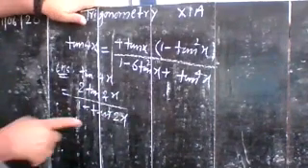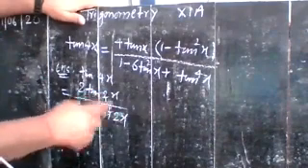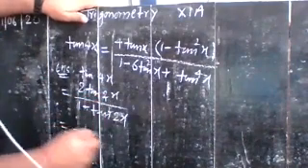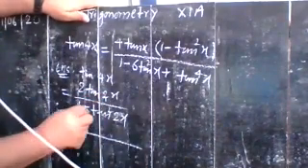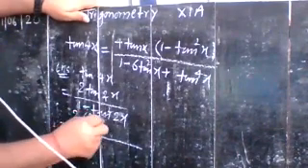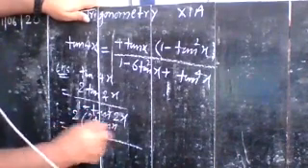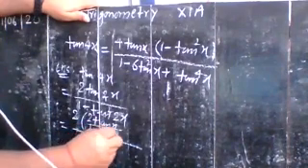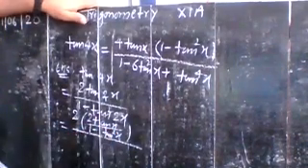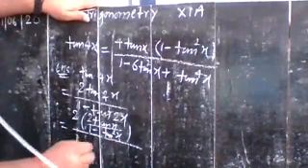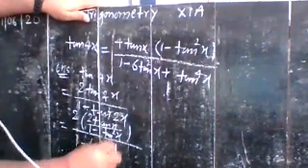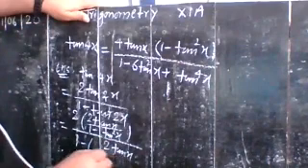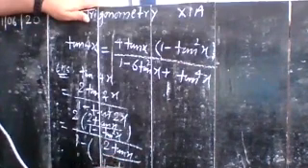Now again you apply the formula for tan 2x here. So 2 times 2 tan x upon 1 minus tan square x, upon 1 minus 2 tan x upon 1 minus tan square x whole square.